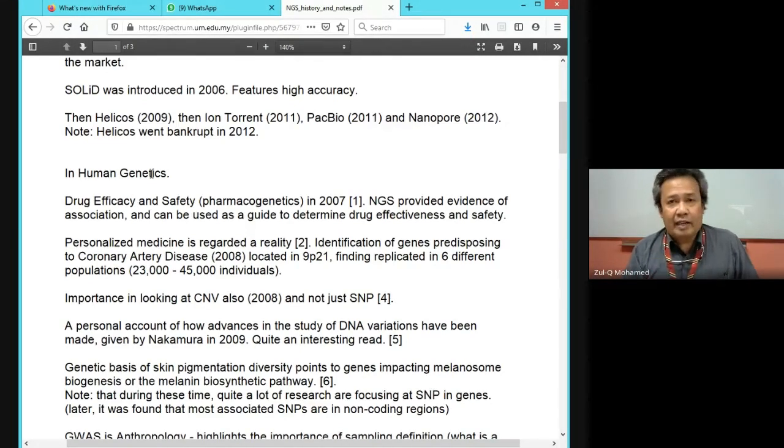And it also shows that while some results can be replicated in different populations, others may not. So you really need to understand your disease. You need to understand your population. These are some of the issues that are pertinent in doing NGS studies.